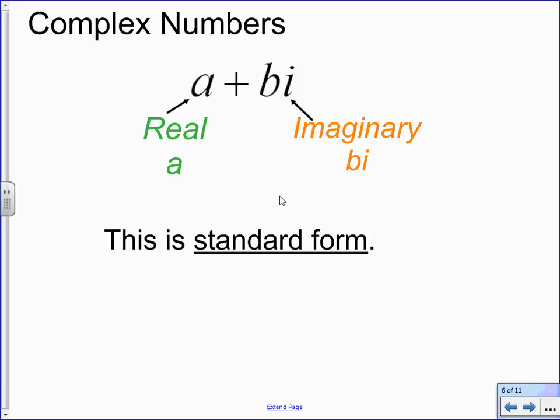So complex numbers are everything that's in the form A plus BI, and up until this moment, you only knew about the group that was real. So every complex number can be split up into real or imaginary.